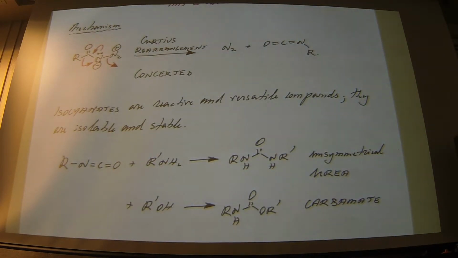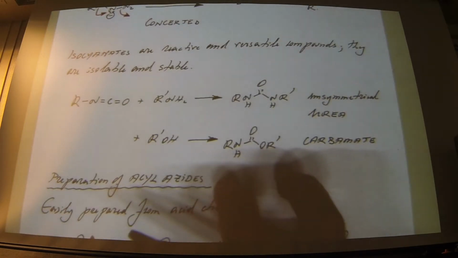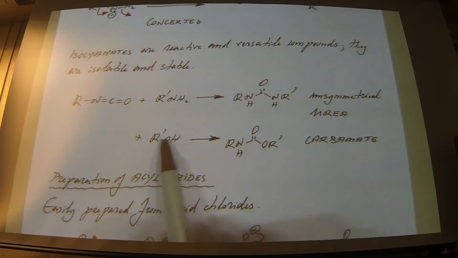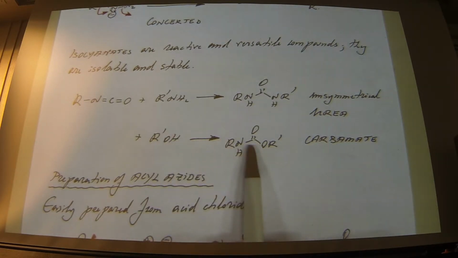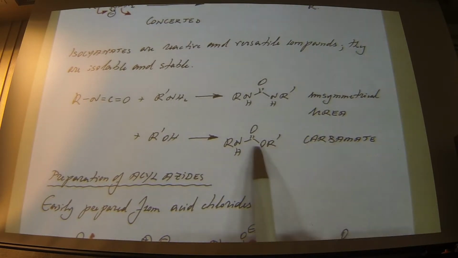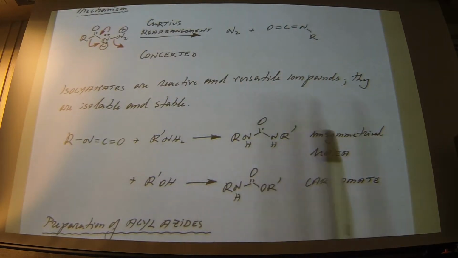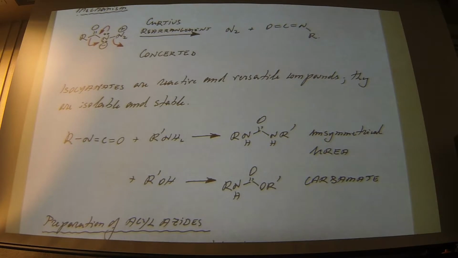As long as you keep them away from nucleophiles, away from water and amines and alcohols, they're perfectly isolable. On the other hand, if you allow them to react with nucleophiles, like amines, you end up with ureas. If you allow them to react with alcohols, you end up with carbamates. And so if I do a Curtius rearrangement in the presence of, say, methanol, then I'm going to end up with a methyl carbamate.